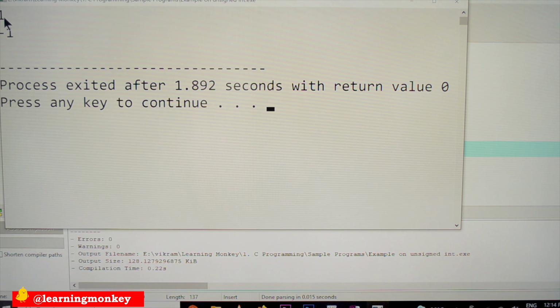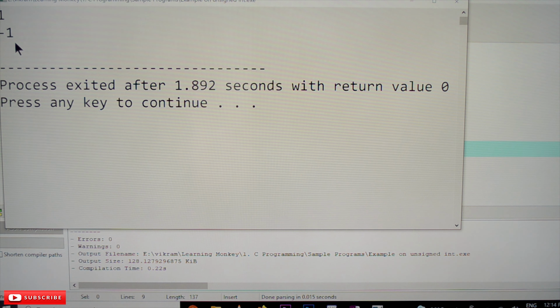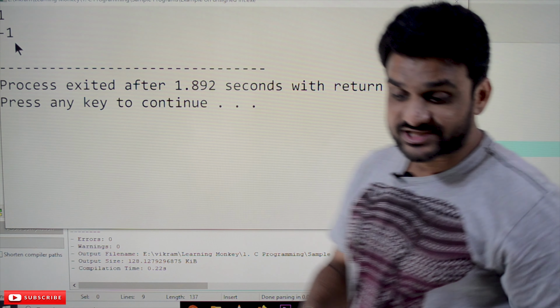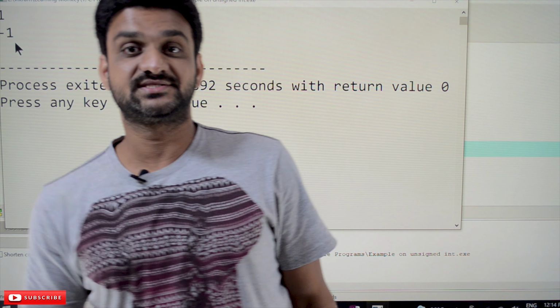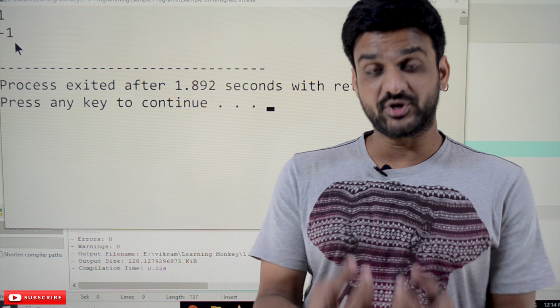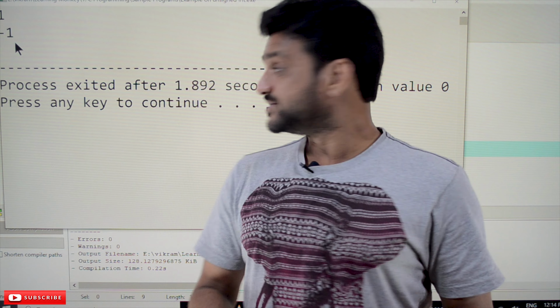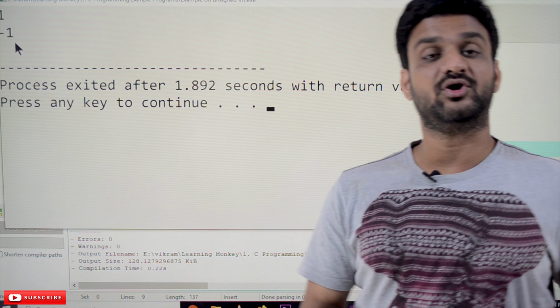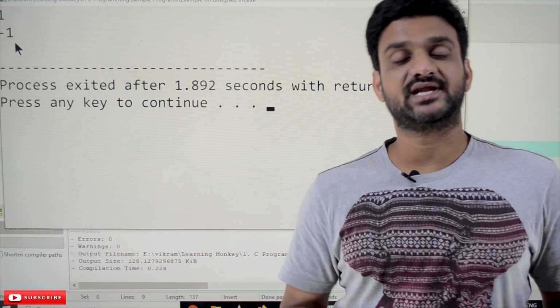It is going to print -1. So the conversion specifiers decide whether it is going to be displayed as unsigned or signed ints. That point is also very important to understand. So this is an example on unsigned integers. Hope you got the clarity on this concept.